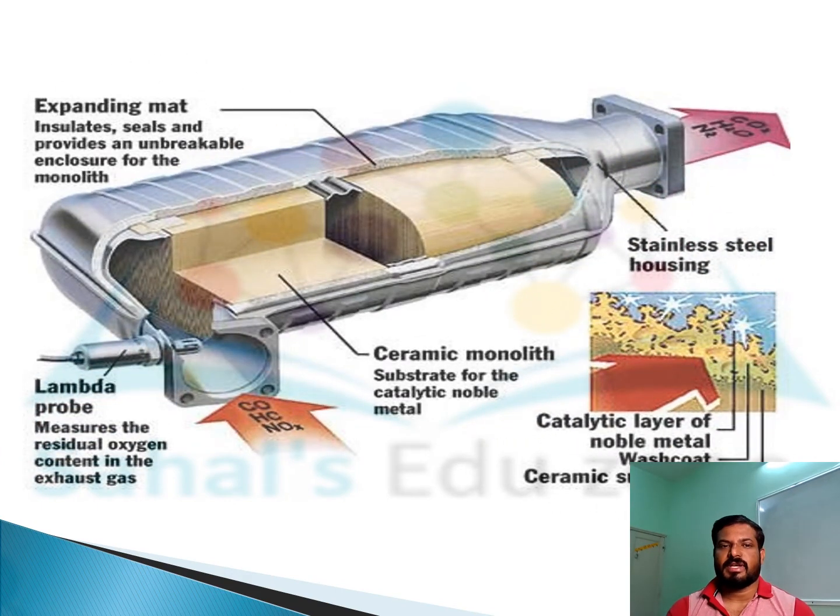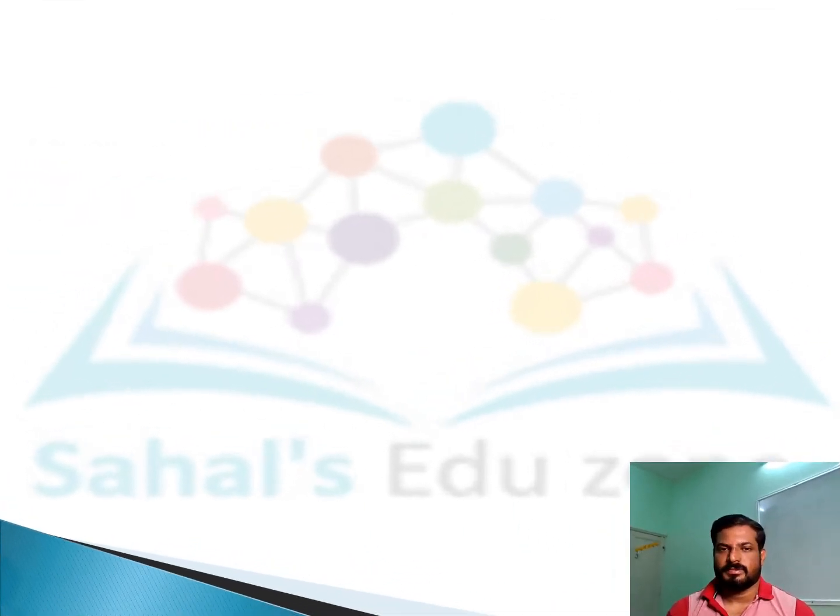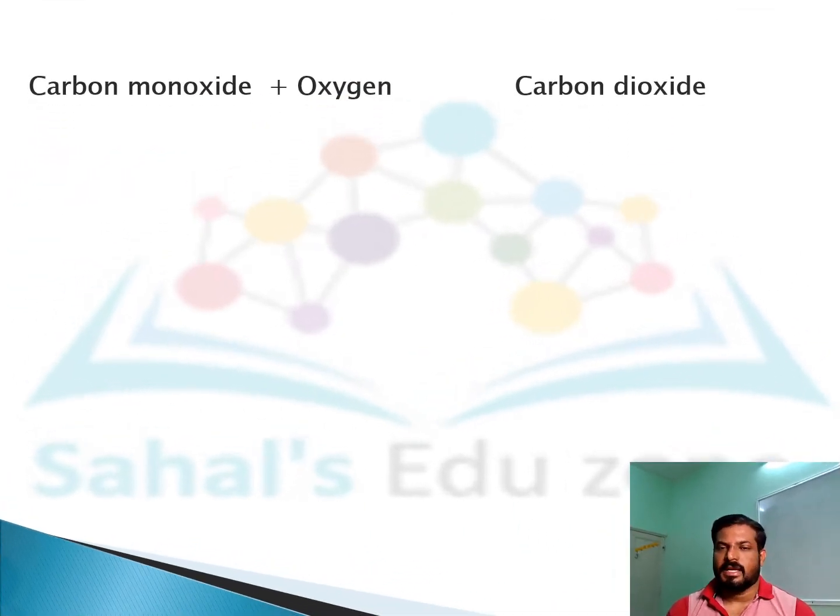Here is an image of a catalytic converter. The reactions take place in the catalytic converter. Carbon monoxide, a highly poisonous gas, reacts with oxygen to form carbon dioxide.